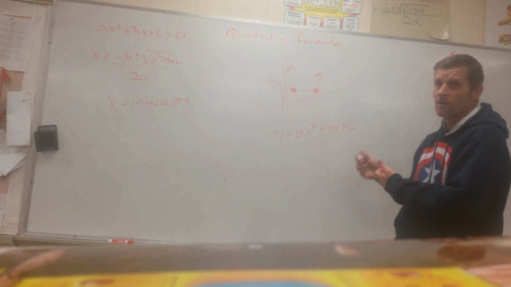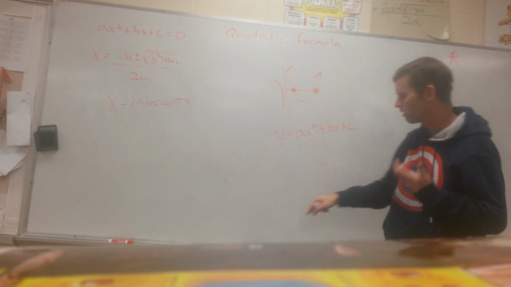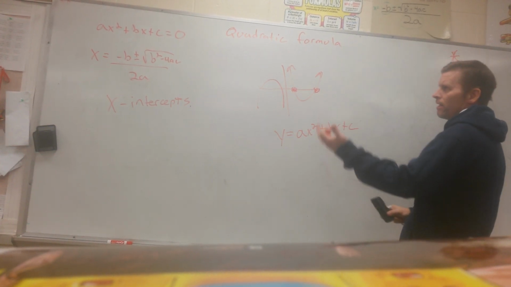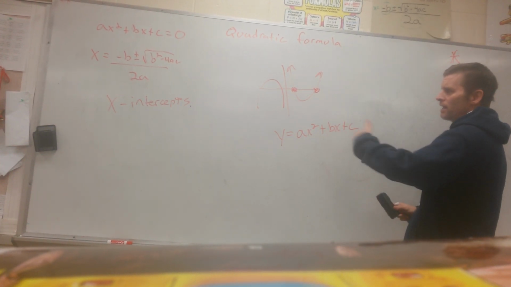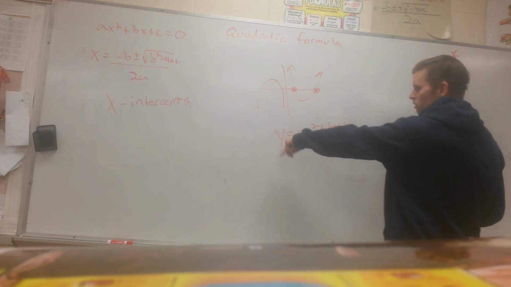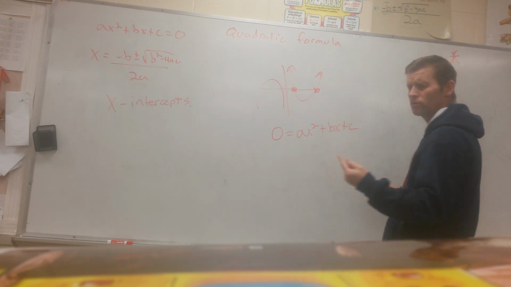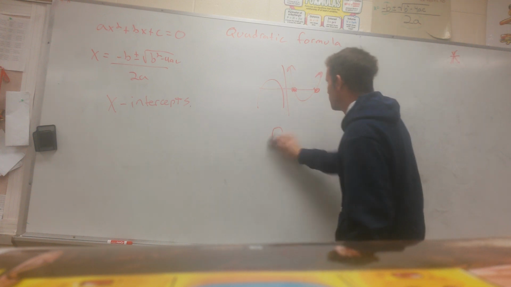And that always has a y value of 0. So if a question says find the x-intercepts, all you're doing is solving a quadratic where y is 0. Okay, so let's do one quick weird example of this.